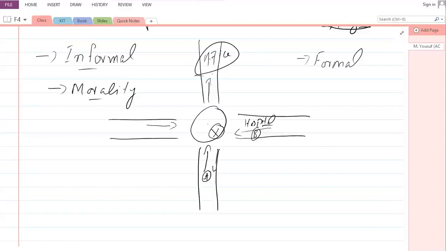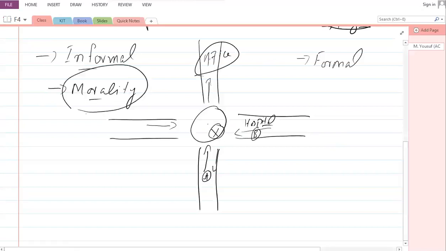So morality is not going to control the society because there are different moralities, religion and ethics. So these are subjective. Moralities are subjective. For some person an act can be right, for another person the same act can be wrong.